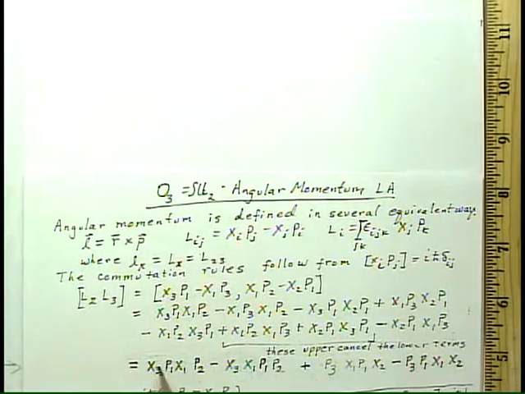We did that because then that shows us very explicitly that both of these terms are of the form x3 on the front, and the end will be a P2, and in the middle we have P1 x1 minus x1 P1 with a negative sign.